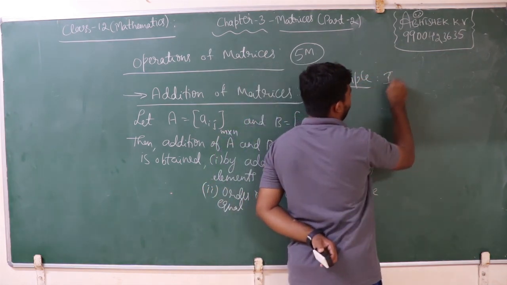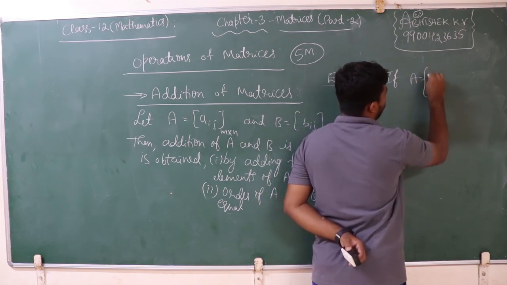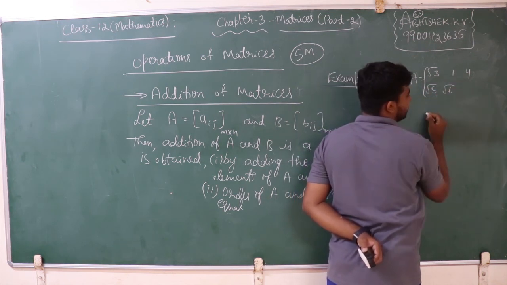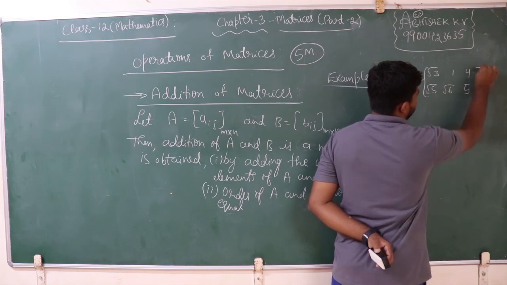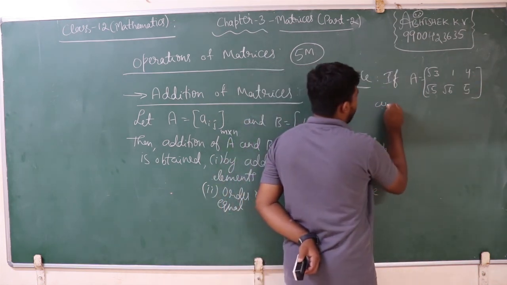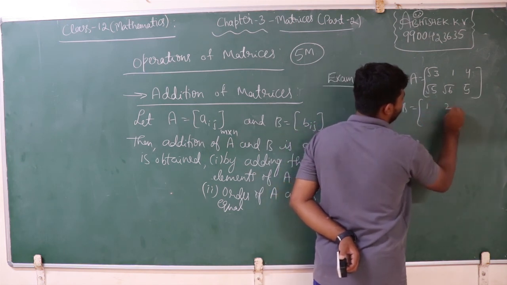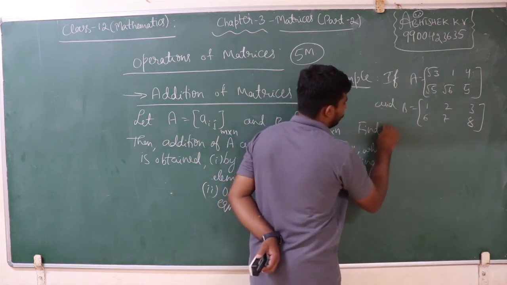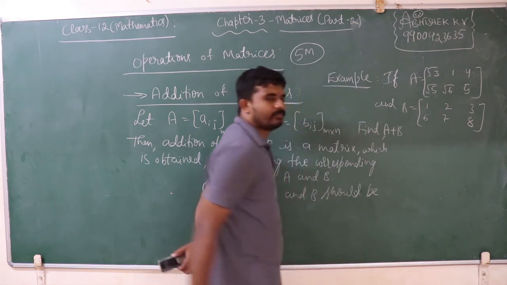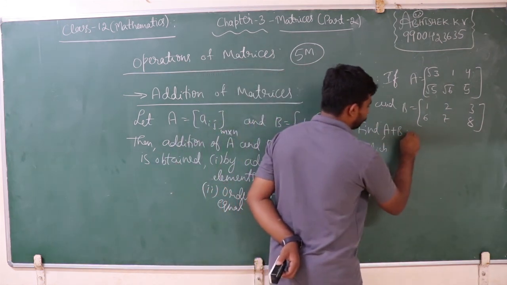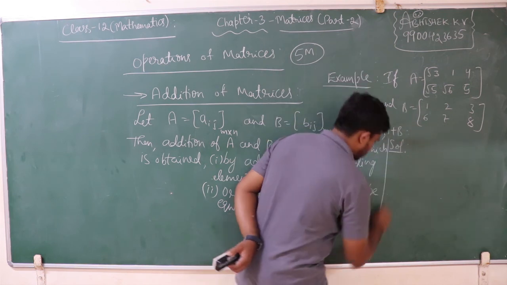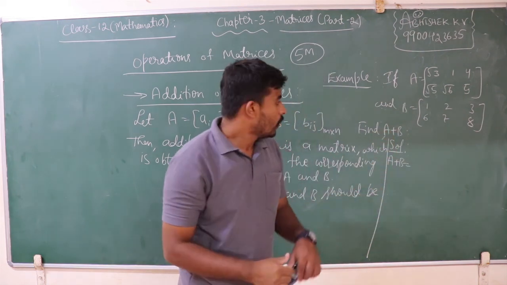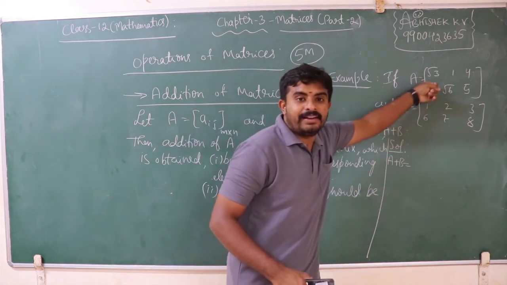if A is equal to root 3, 1, 4, root 5, root 6, 5 and B is equal to 1, 2, 3, 6, 7, 8, then find A plus B. See, solution: A plus B, the sum of two matrices, is obtained only when the order of both matrices is equal.